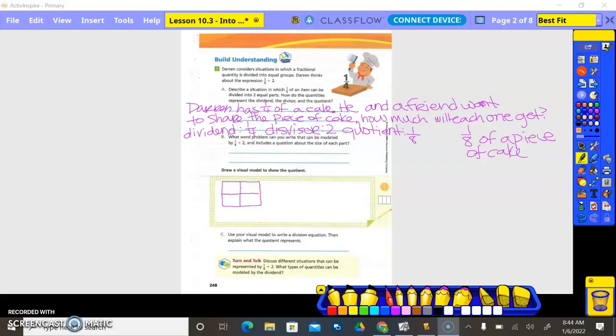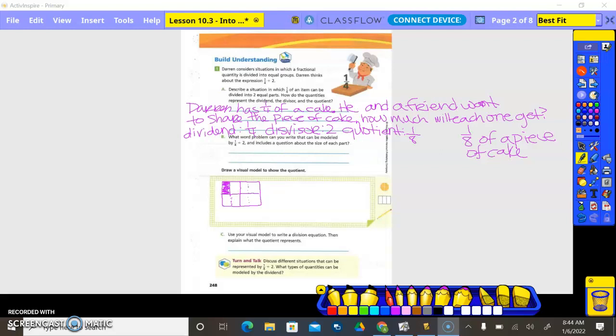So we would divide this into 2, and then of course these would also all be divided into 2, right? But we're not using those, because they only had 1/4 of it, not the whole thing, correct? And so we're only going to use one of those halves. So then we get our 1/8, right?